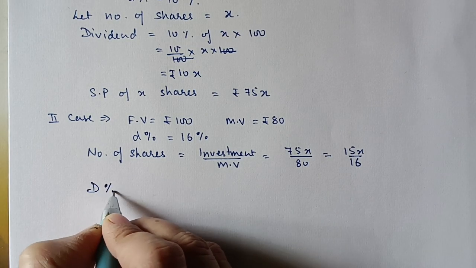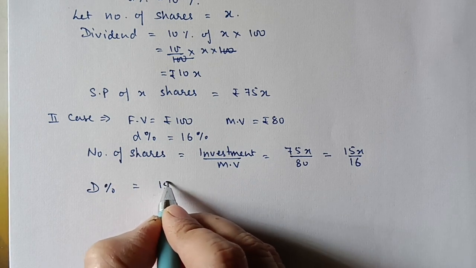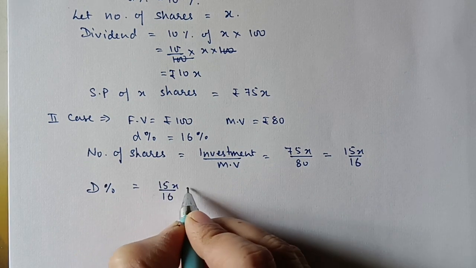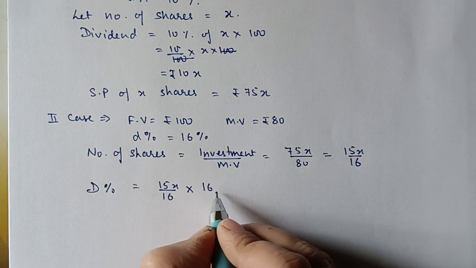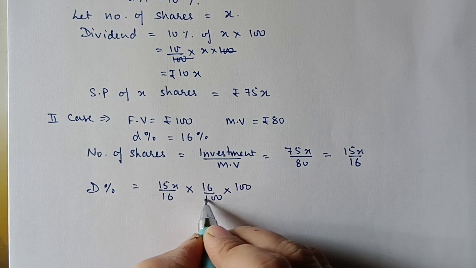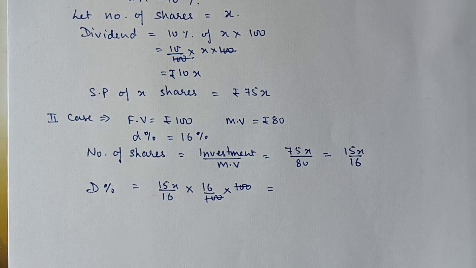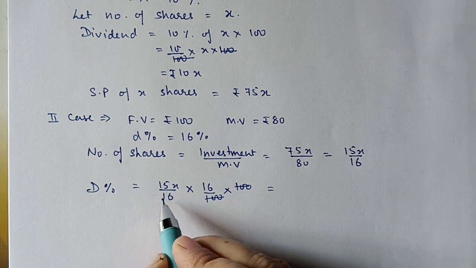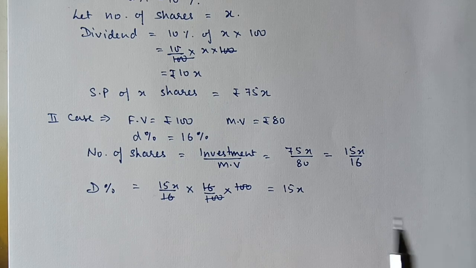So dividend is equal to number of shares into dividend percentage, means 16%, and the face value. So 16 also will cancel out, leaving 15x.